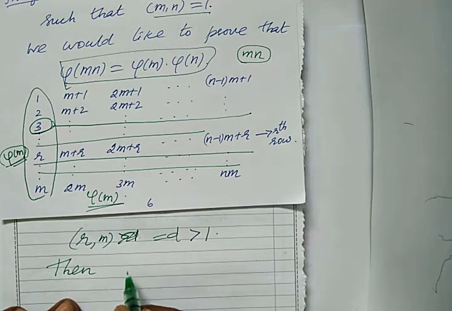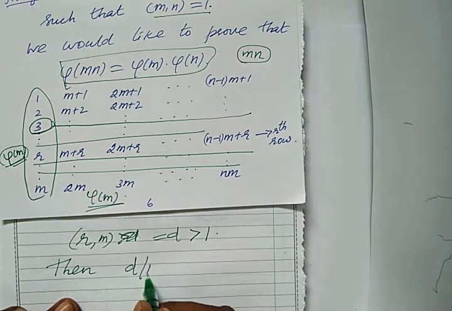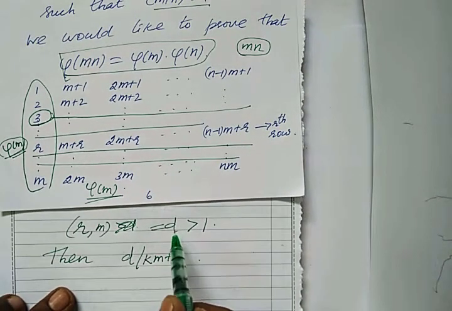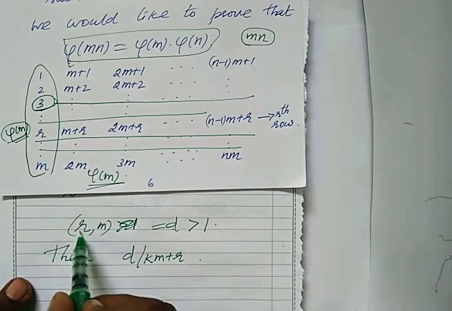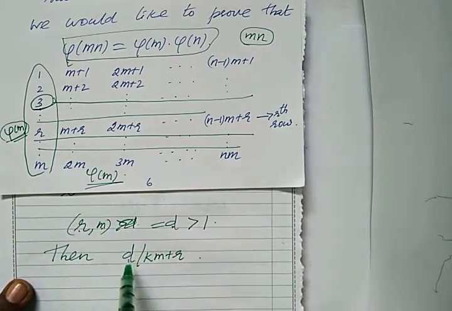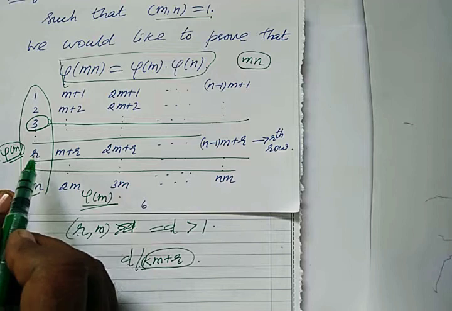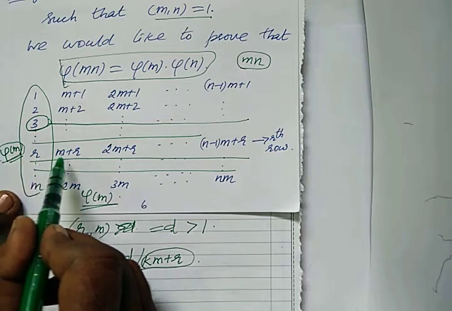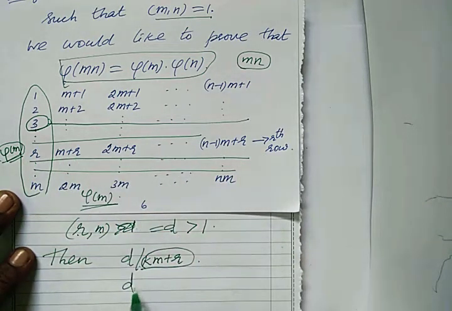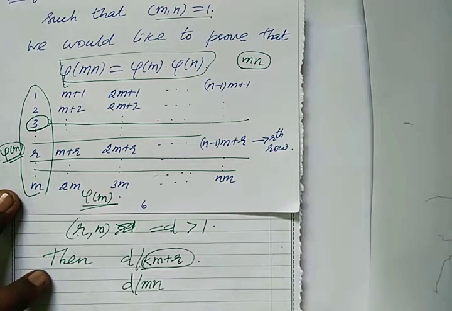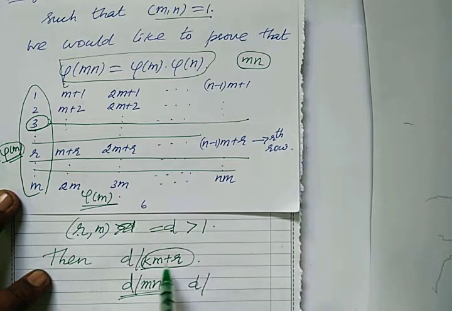Then d divides all km plus r also, because d divides r as well as d divides m. So if d divides r as well as m, d divides this entire row. So d divides mn also. So d divides mn and d divides km plus r.